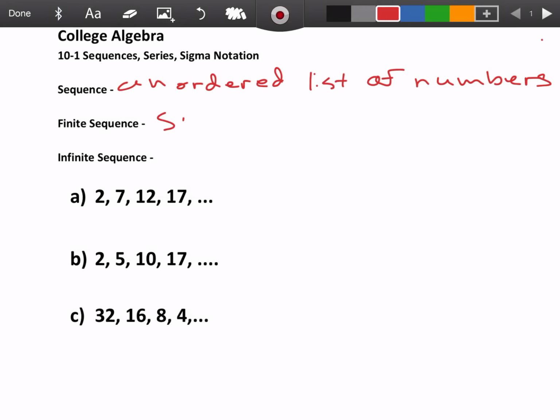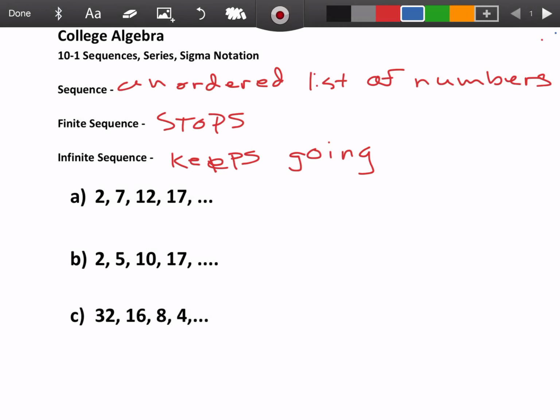A finite sequence stops, and an infinite sequence keeps going. So just very simply, that's the difference between those two. A finite sequence is going to have a last number, and an infinite sequence is not going to have a last number. And so what I wanted to do is show you a couple of sequences.